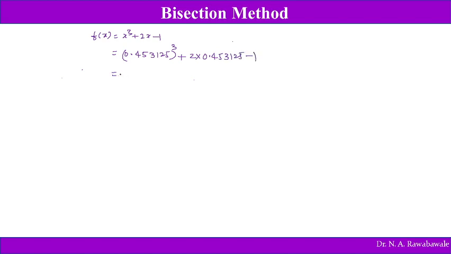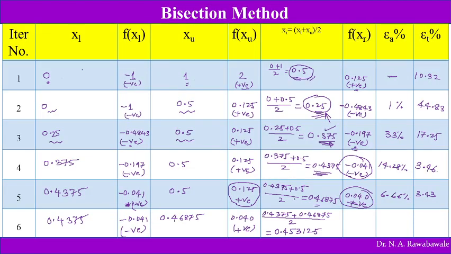If we simplify this, it gives us minus 0.0007. So this function is negative now. So many zeros indicate that we are reaching the answer.